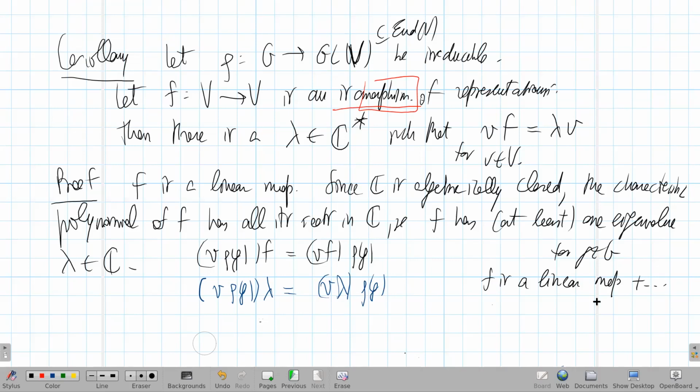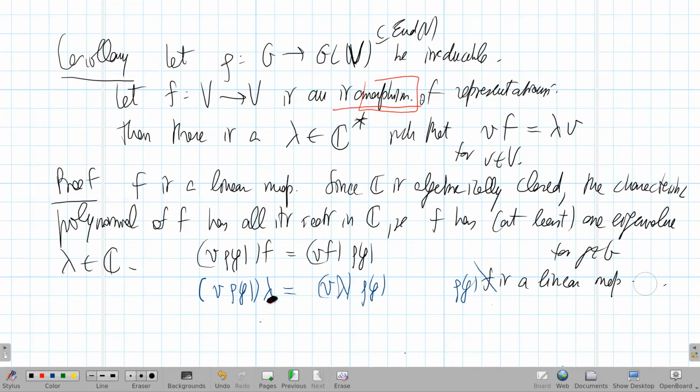Because it's not F that is a linear map, but rho G is in GL(V), so it's a linear map, okay? Being a linear map means that it commutes with scalar multiplication, for instance. Rho G is a linear map, so if you apply rho G to v lambda, you get v rho G lambda. Sorry, I always make this mistake when doing this. It was correct, but it was not the point, okay?